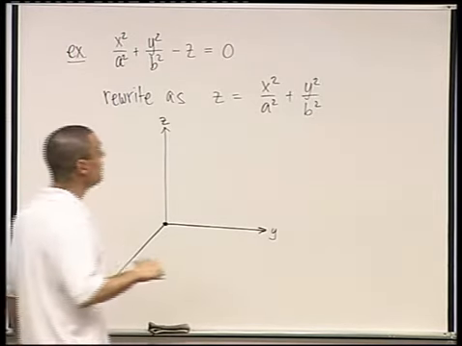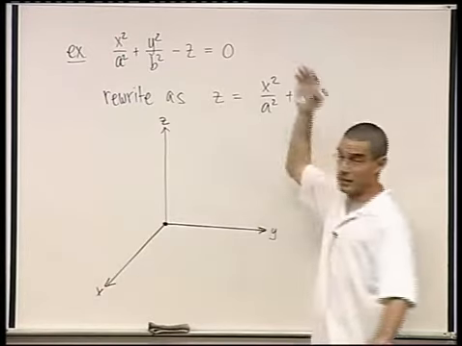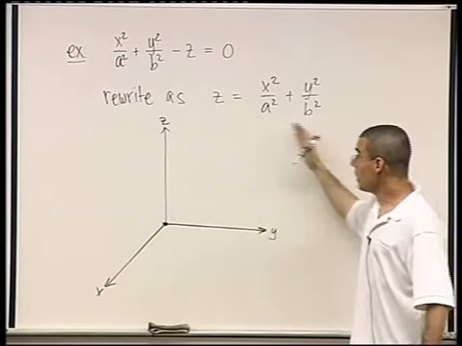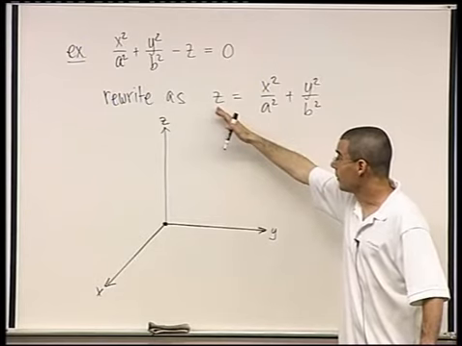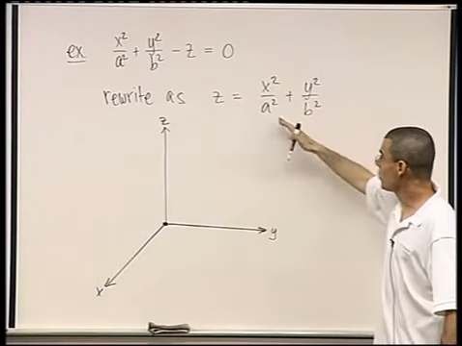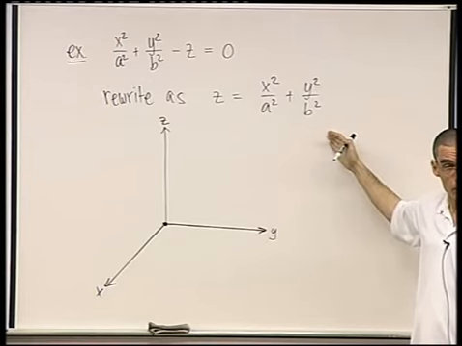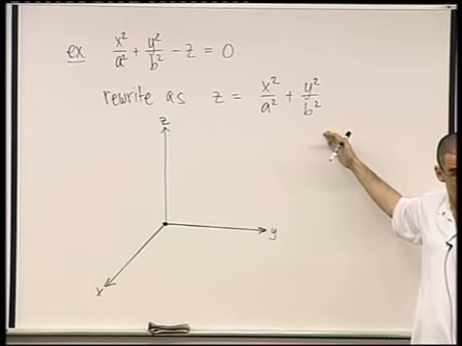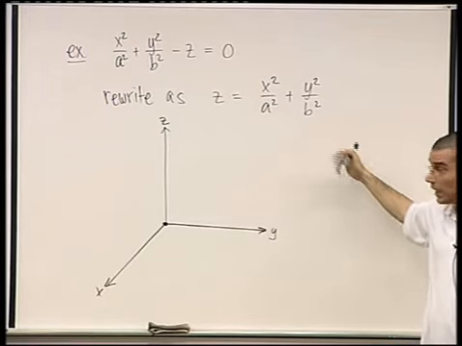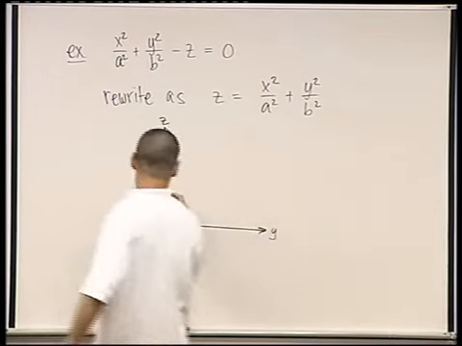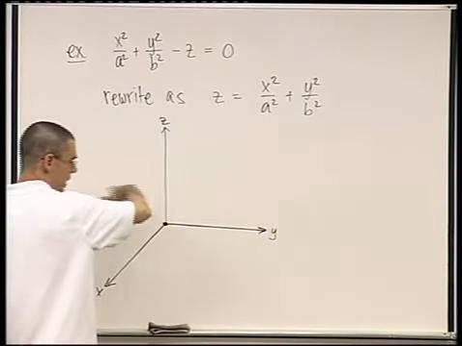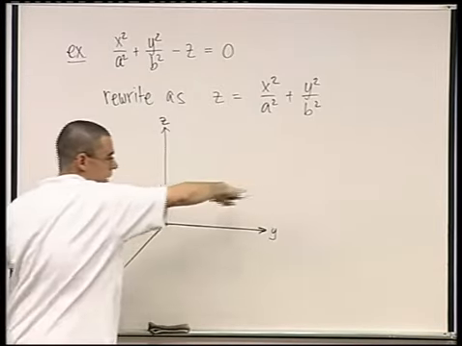Let's take a different z. Let's take z to be, for example, 1. What do you get when z equals 1? You get 1 equals x squared over a squared plus y squared over b squared. What kind of shape is that? Exactly, that's an ellipse. Okay, so when z equals 1, I'm sitting on the plane z equals 1.